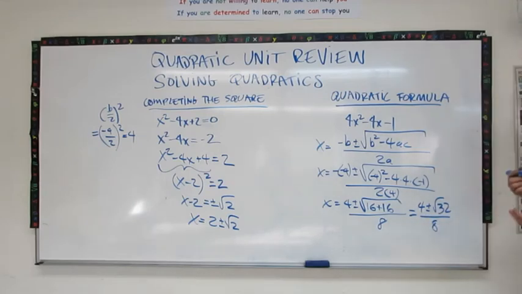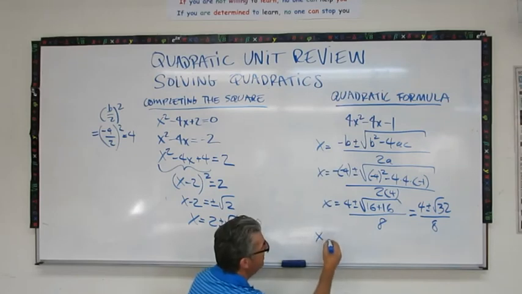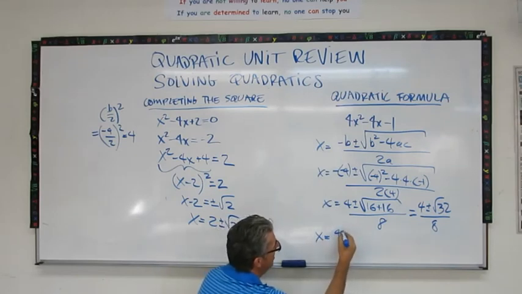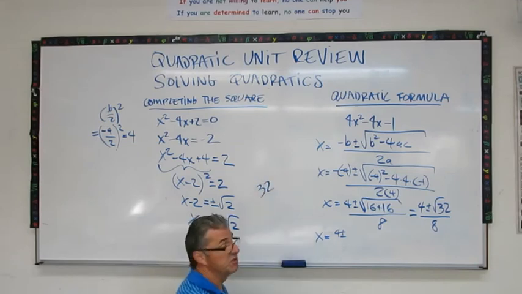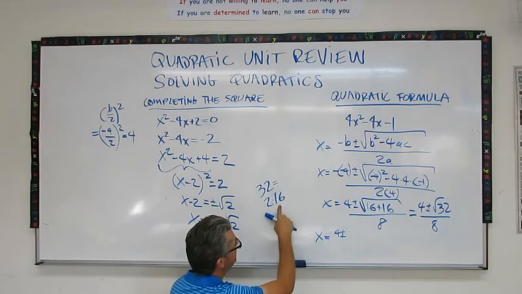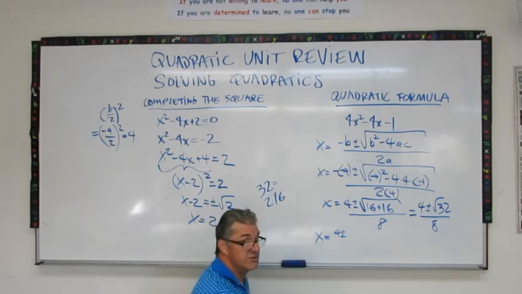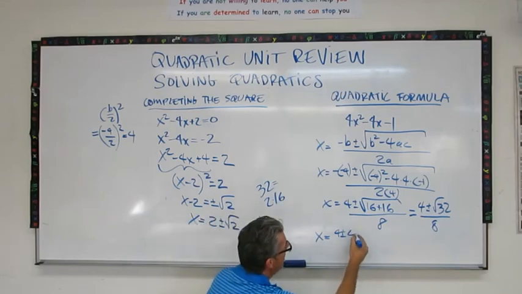Now, I'm not done yet. Root 32 is a good number to simplify. Just going to bring it down here. Equals 4 plus minus. Now let's take a look at 32. 32 is the same as 2 times 16. And 16 is a perfect square. So 16 comes out of the root sign and ends up as a 4.